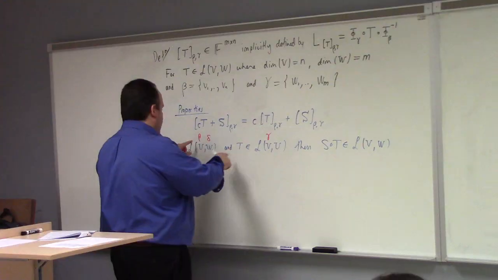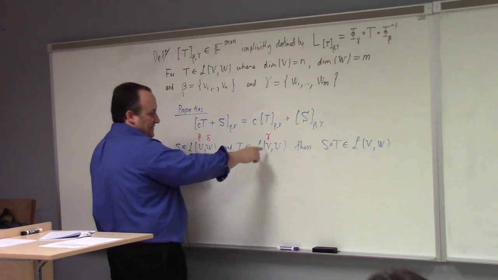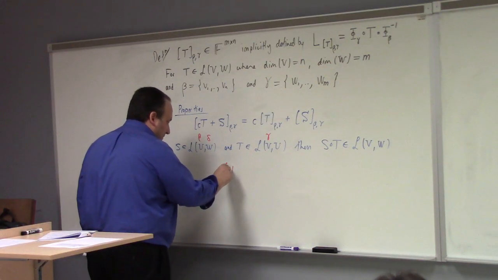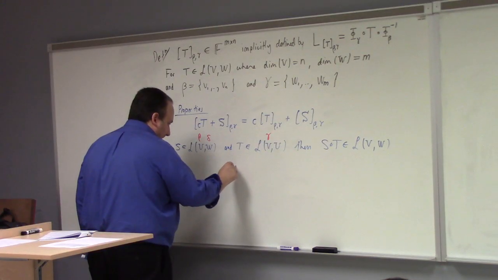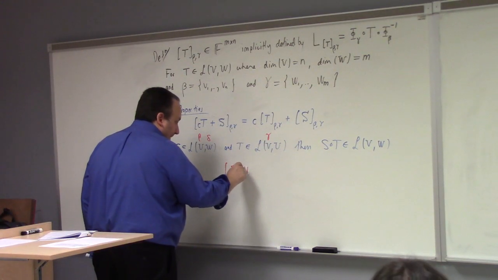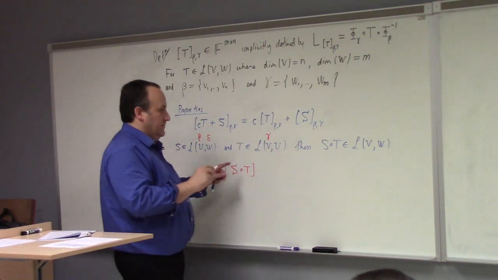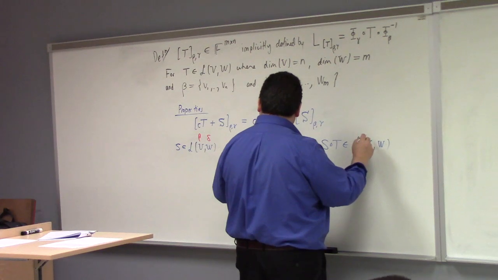So suppose you've got basis beta for U, basis delta for W, basis gamma for V. Then if we look at the matrix of S composed with T, notice, the input basis is what? Gamma.